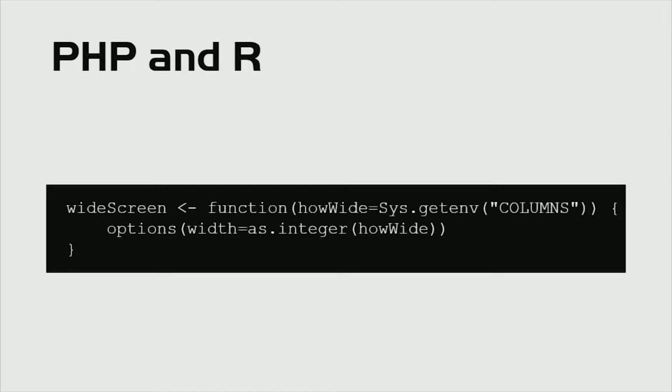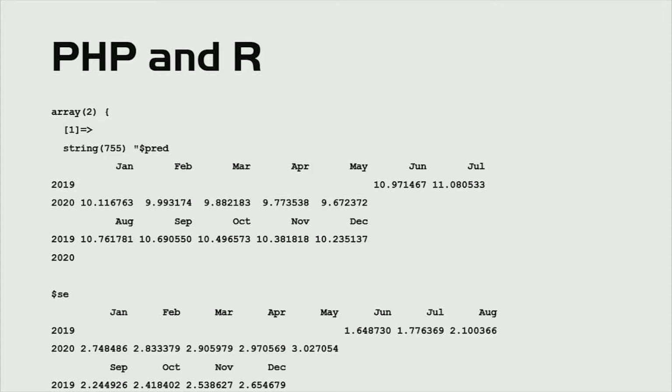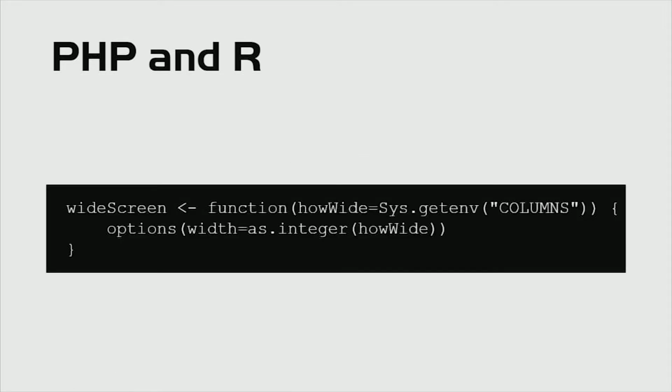So when I've been working with it, I've played around with a little function like this, and I can just call widescreen as the first line of my code to set the screen to whatever width I want, which would mean that my table data there, I could get it all on one line for the month name so it wouldn't wrap in this way, making it much easier to parse.